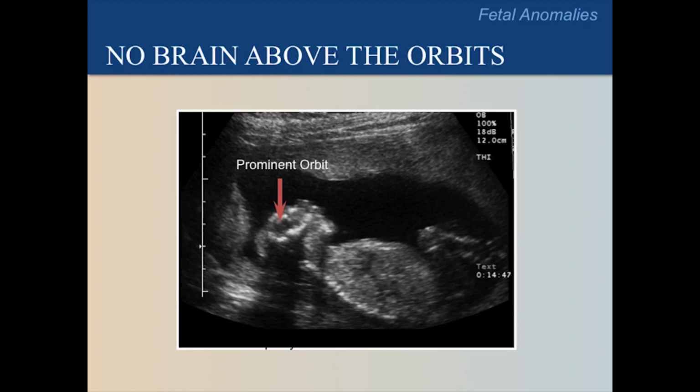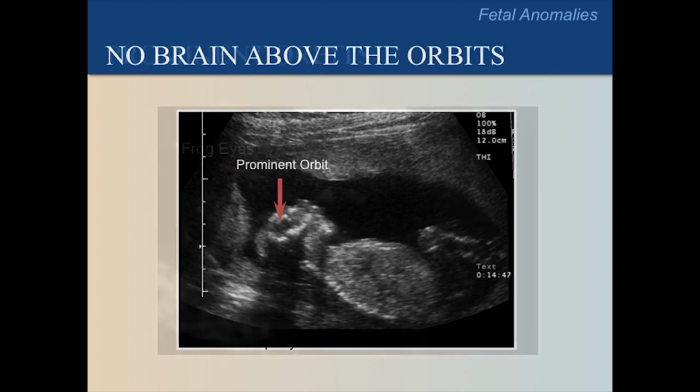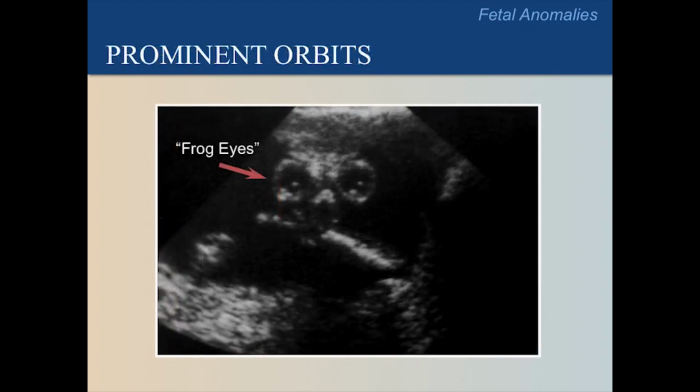Notice that there is no skull or brain above the orbits. This is a transverse image of the prominent orbits or eye sockets in anencephaly, which appear similar to frog eyes.